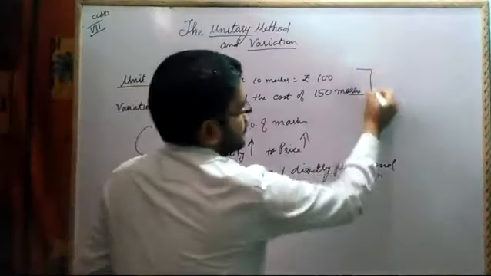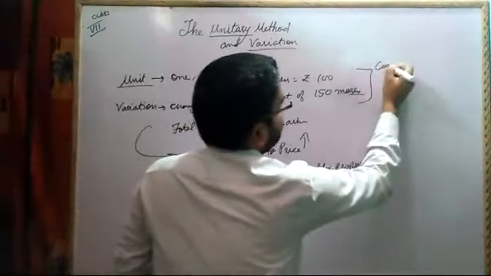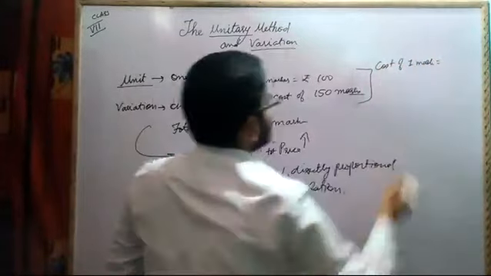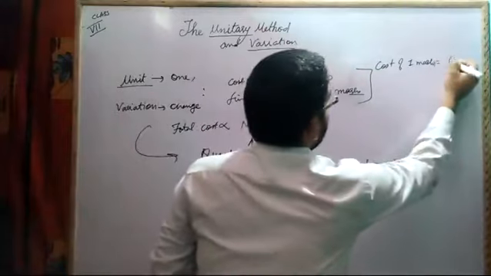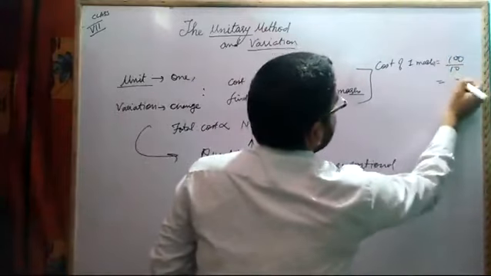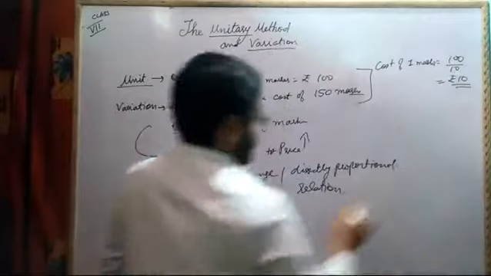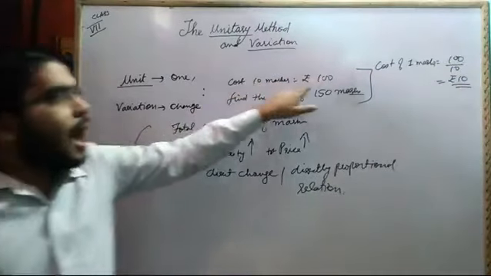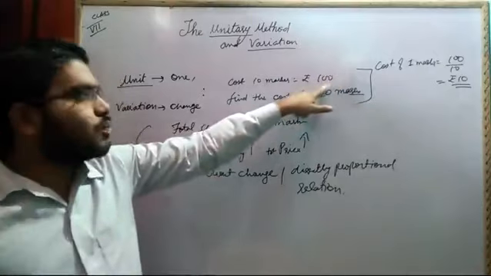Now for this question, what will be the cost of one marker? Cost of one marker will be equal to 100 by 10, that means rupees 10, correct? So I knew the cost of 10 markers is equal to rupees 100.